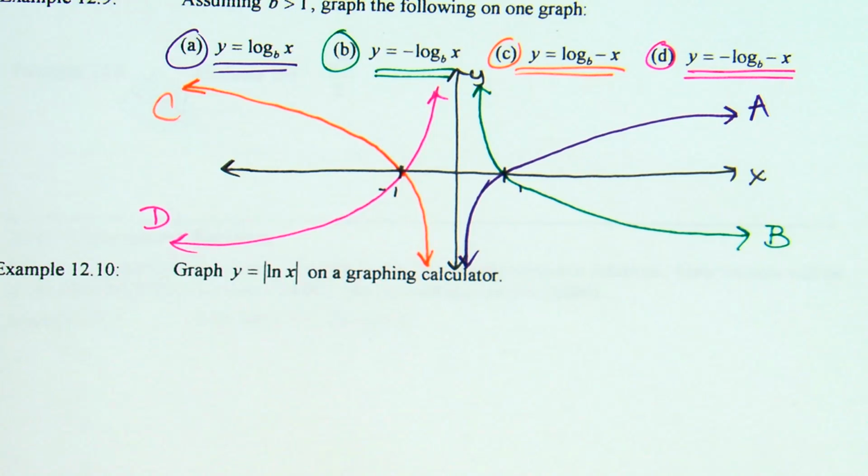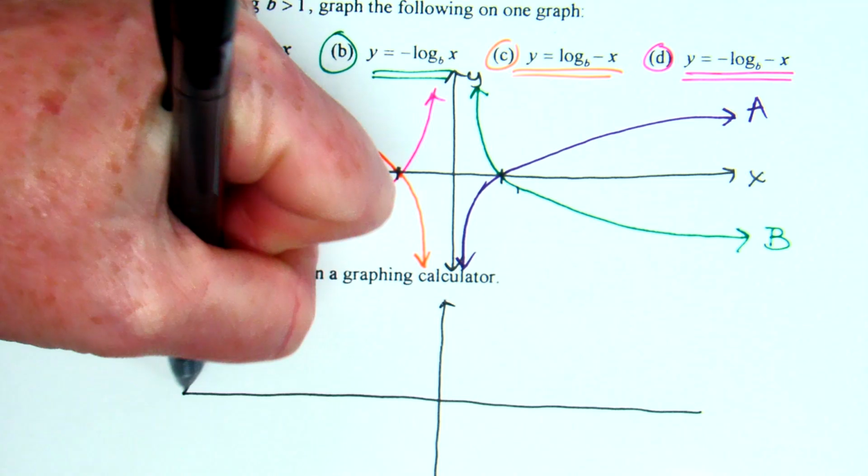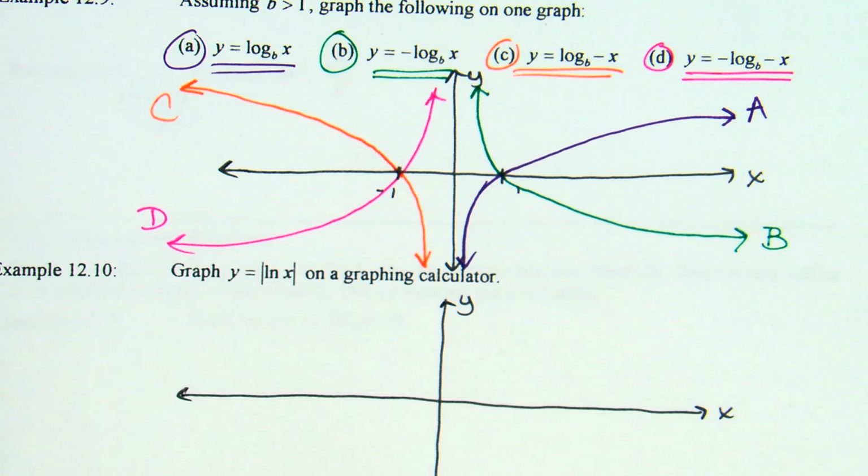So, okay. This says to graph the absolute value of the natural log of x on a graphing calculator. Now, I can't remember what the tricks are here. There might be a trick that we have to do. Do you remember even where to find your absolute value?